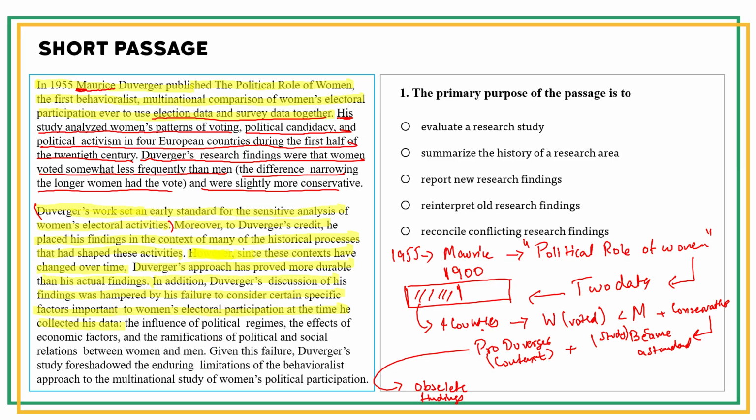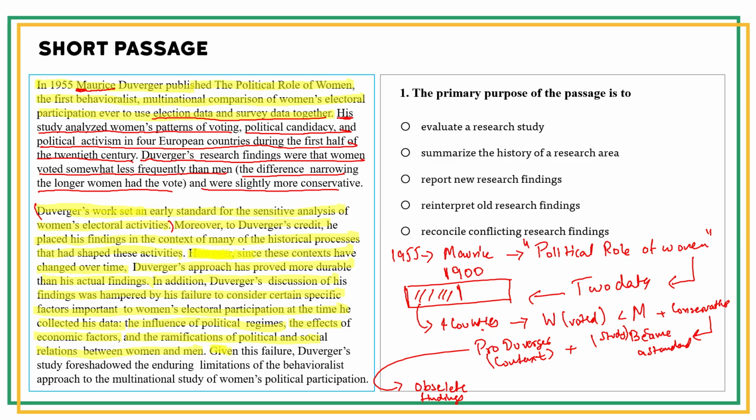Okay, let's read what those factors were. The influence of political regimes, the effects of economic factors, and the ramifications of political and social relations between women and men. Too much details for me to include them in the note, so yeah.